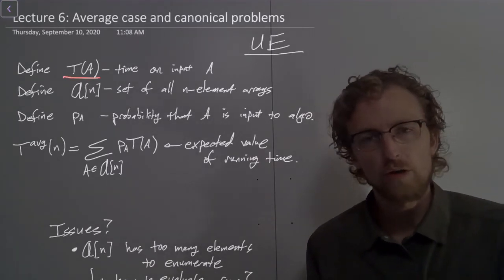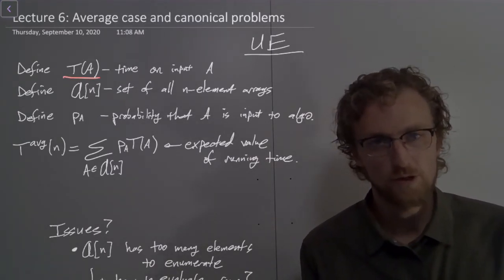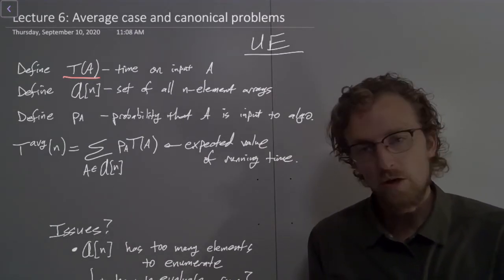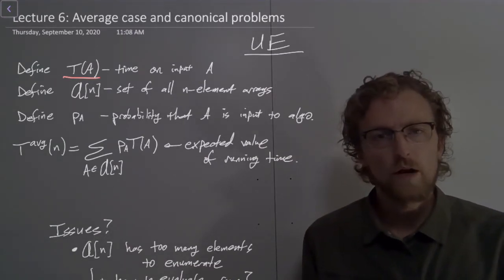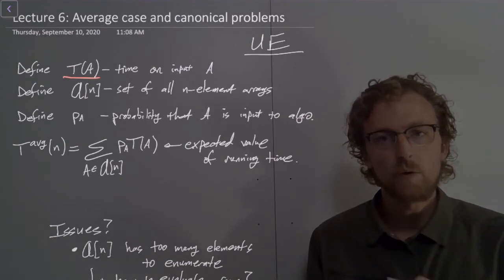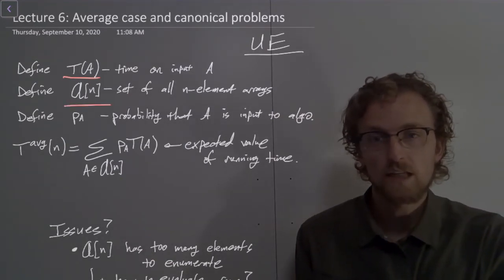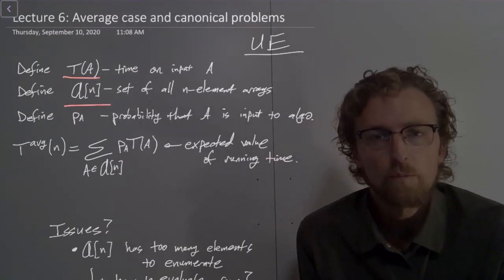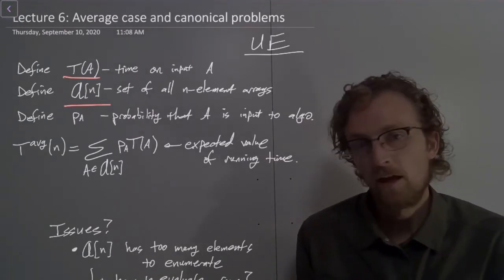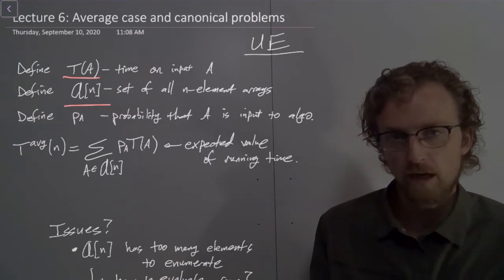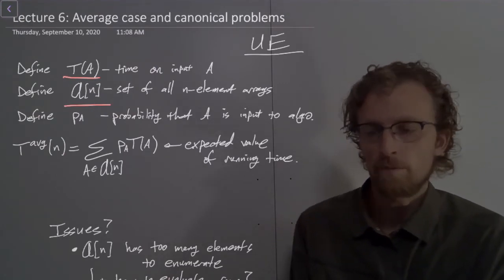So the question is, what's the average case? And the short answer is it's not just the average of the two, right? So we have to be more nuanced. To understand this, we have to be able to write down the time it takes on input A, then the set of all possible inputs. So that's this script A of n, the set of all n element arrays. Absolutely massive set, way too large for us to write down.